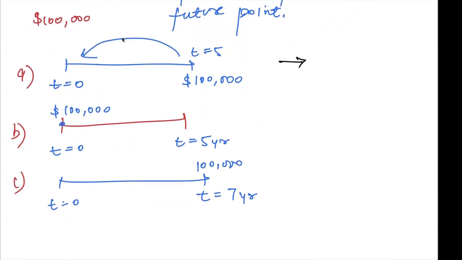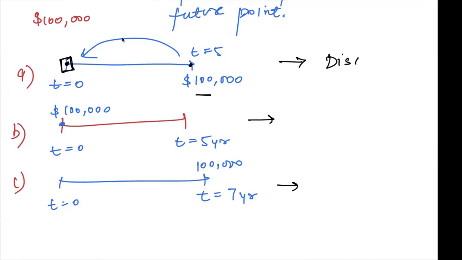Is this an example of discounting or compounding? In the first example, we know that we will be receiving $100,000 after 5 years, and we want to arrive at the price today. Is this discounting or compounding?